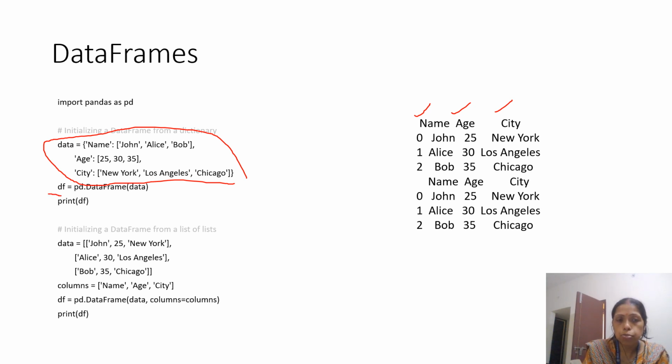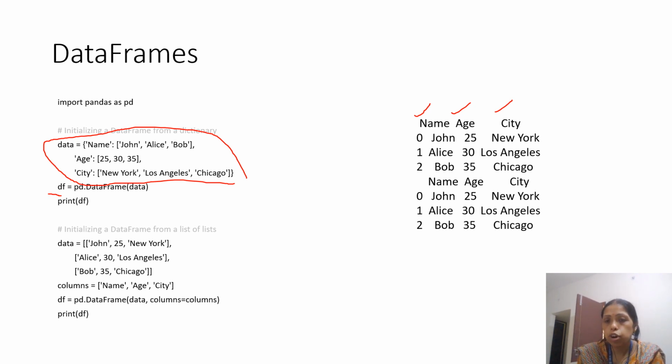So df is the variable, equal to pd dot DataFrame; you have to first declare import pandas as pd. The DataFrame format is inside pandas, so the dictionary will be transformed into the data frame format. So df equals pd.DataFrame(data). In this way you can create the data frame from the dictionary.